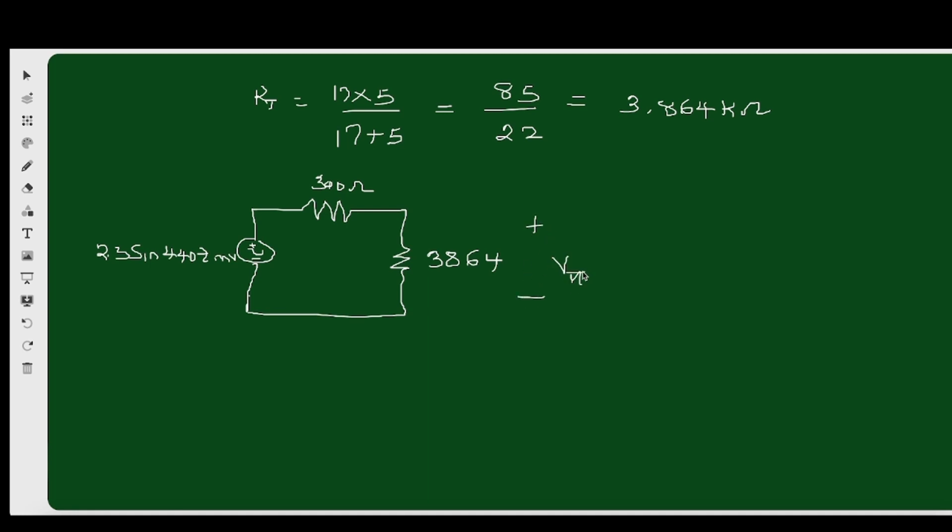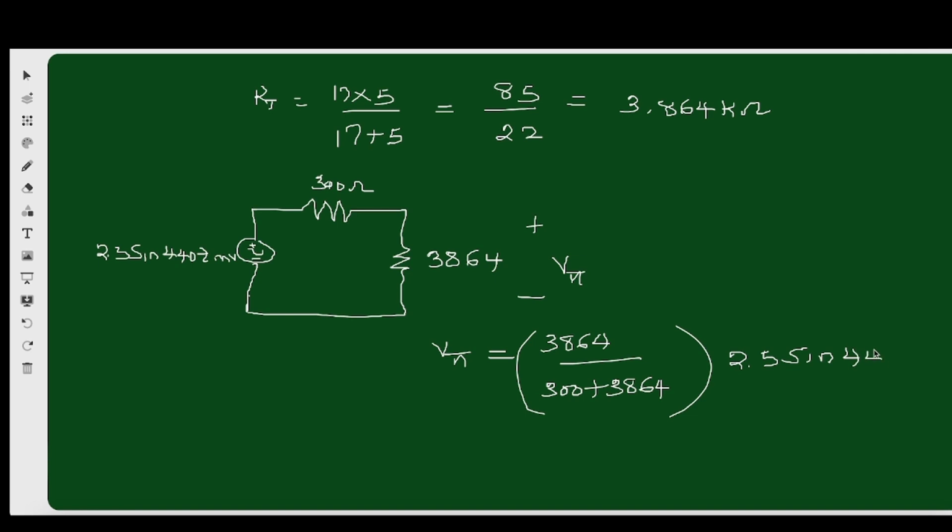So by voltage division, V pi will be what? 3864 over 300 plus 3864. That's voltage division, multiplied by the source, which is what? 2.5 sine 440 t millivolts. So if we calculate that, this is our V pi, right?